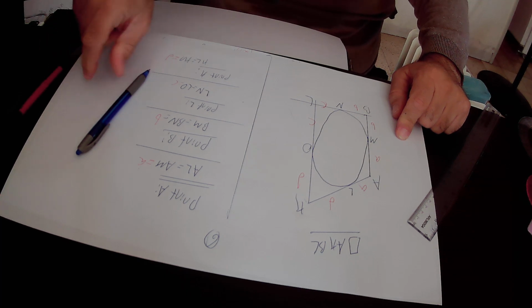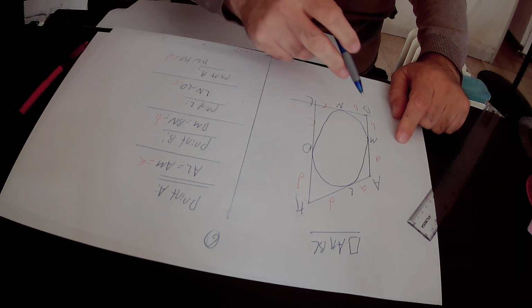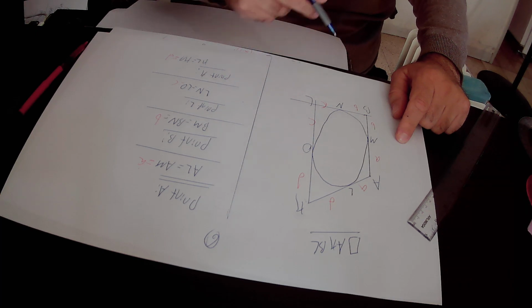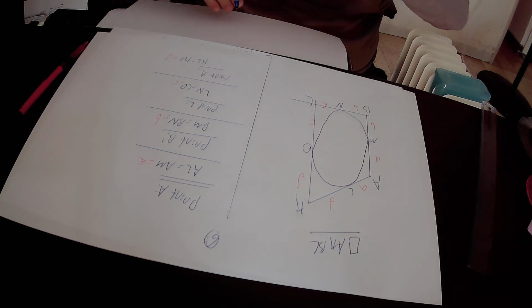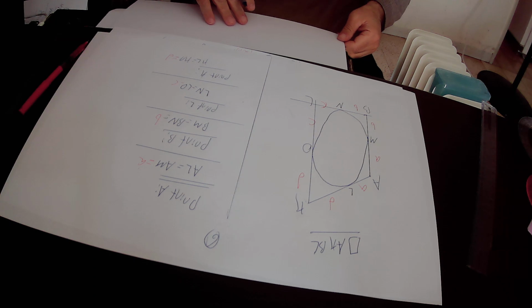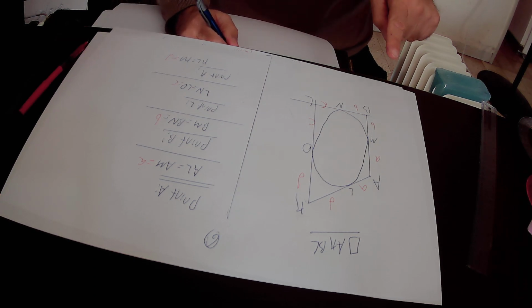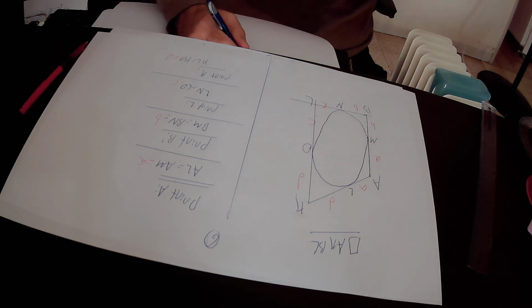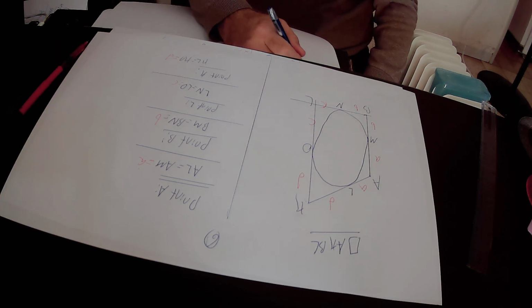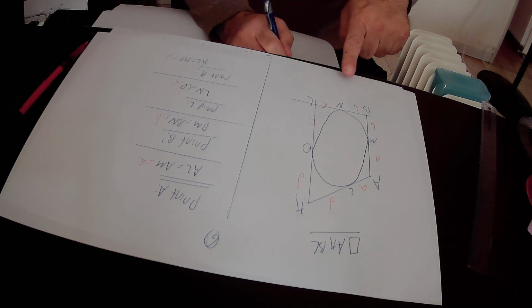So in the next step, we will add side AK with side BL. Here we have side AK of the quadrilateral AKBL plus side BL.